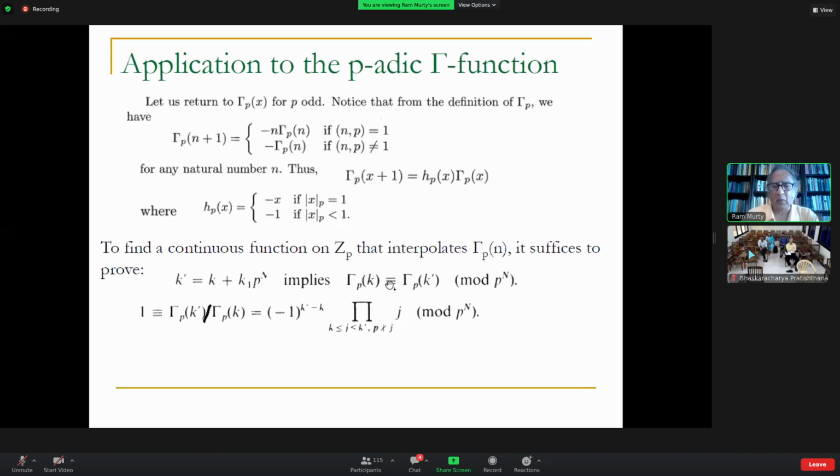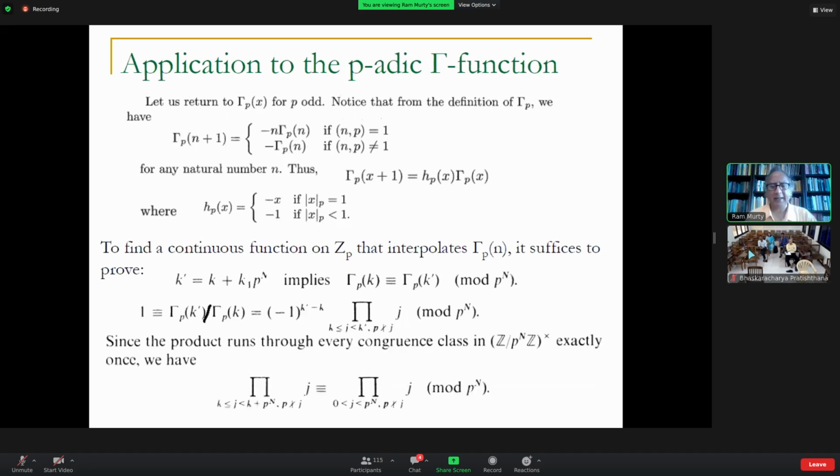This says that we have to look at Gamma_p of k prime divided by Gamma_p of k. And when I write that definition down, it's minus 1 to the k prime minus k times the product of the j's between k and k prime which are coprime to p. So that's basically what we have. And so the question is, we have to check whether or not this condition is satisfied.